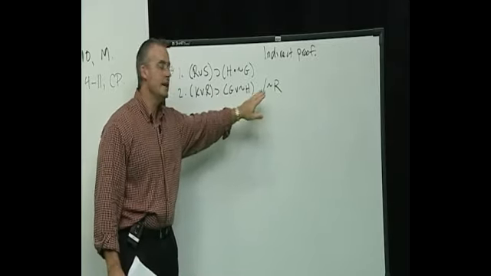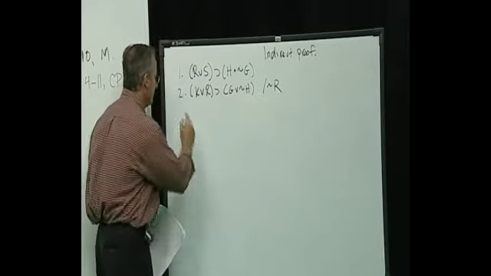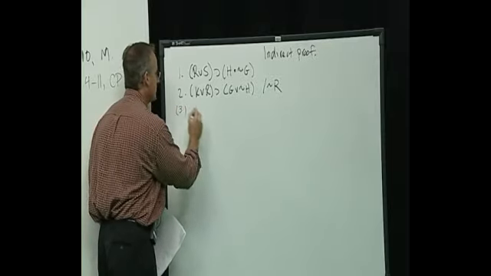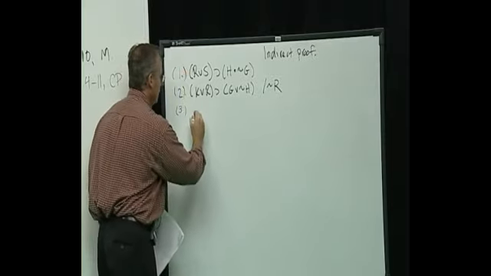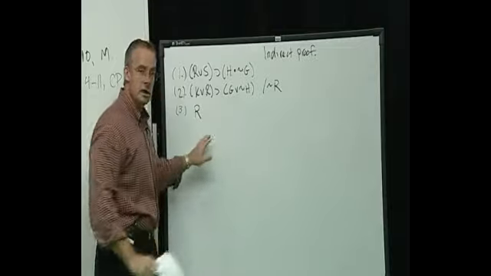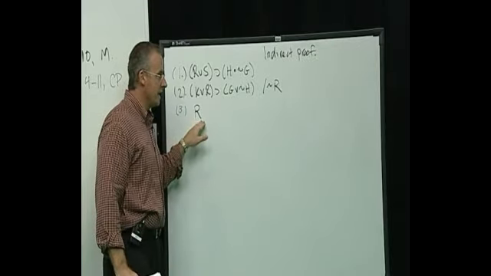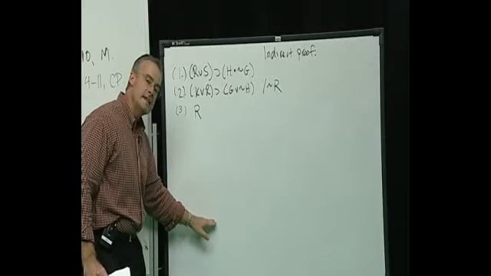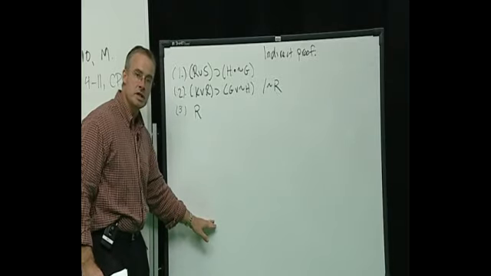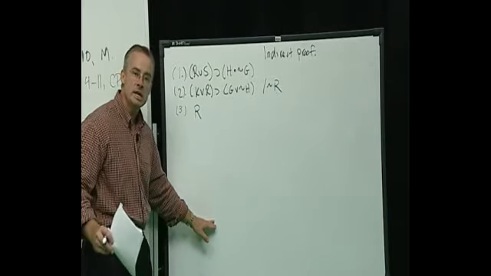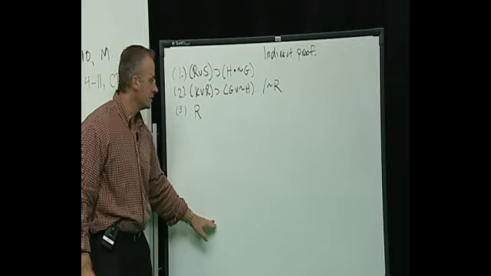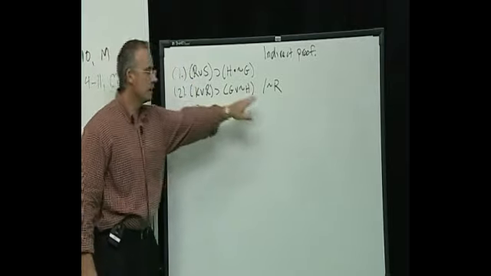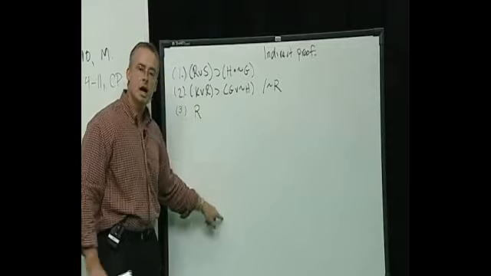Well, if you assume that it's false, which is the same, in effect, as assuming that R is the case, right? If you assume that R is the case and you're trying to prove not R, and you can argue your way down to a contradiction, something of the form P and not P, then in effect what you're saying is, well, if these are true and my conclusion is false, I'm going to get a contradiction.